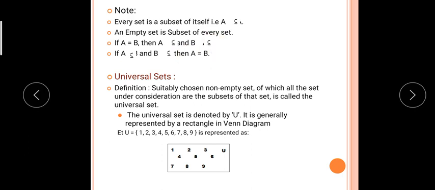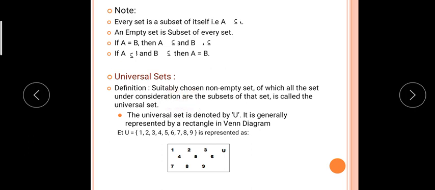Now the universal set. Always remember, students, we have to choose the universal set in such a way that every set under the universal set is a subset of U. U is the alphabet which denotes the universal set. Now see, a suitably chosen non-empty set. Always remember, a universal set can never be empty.